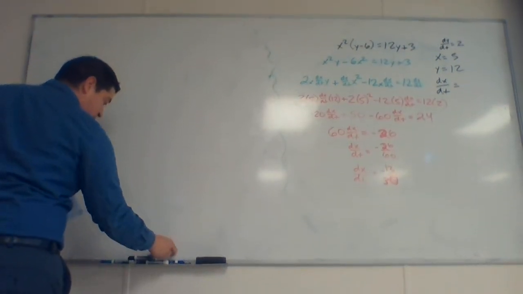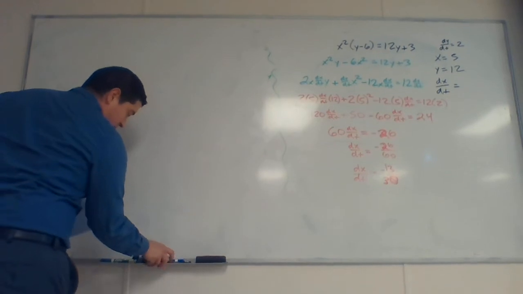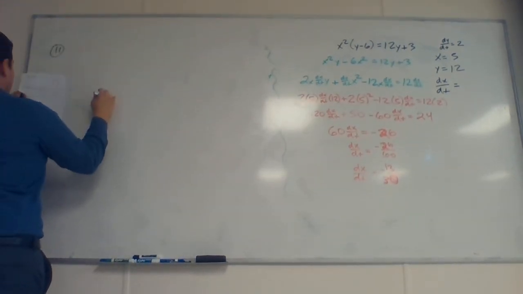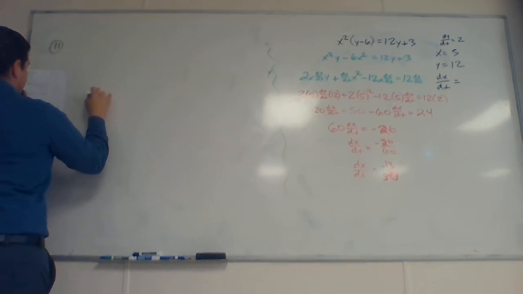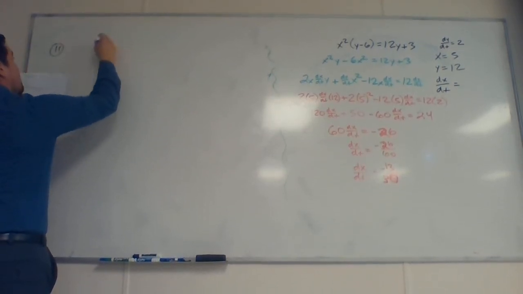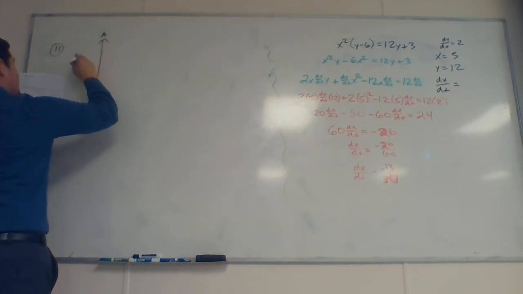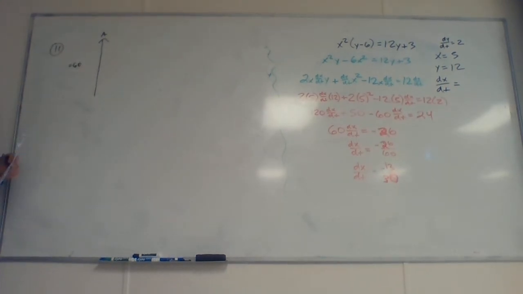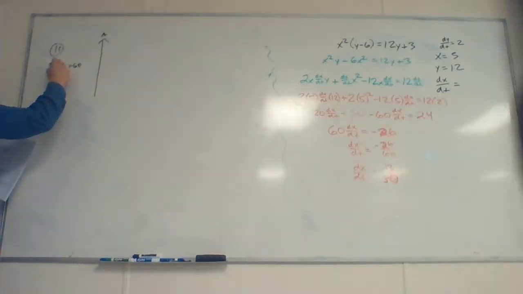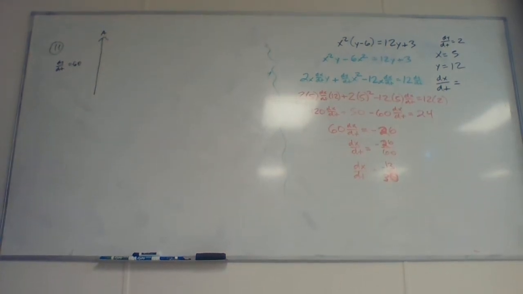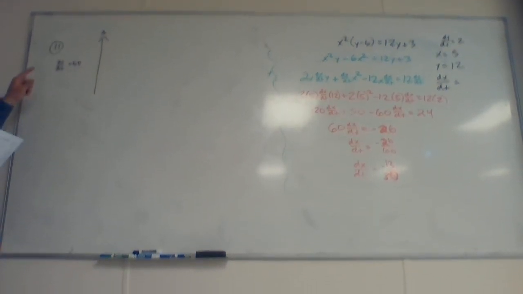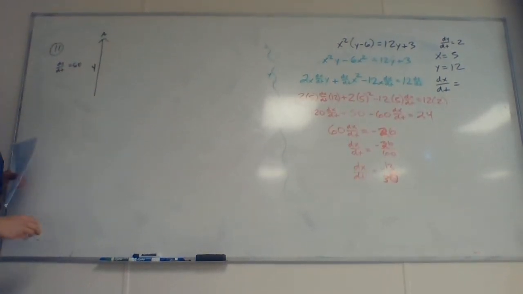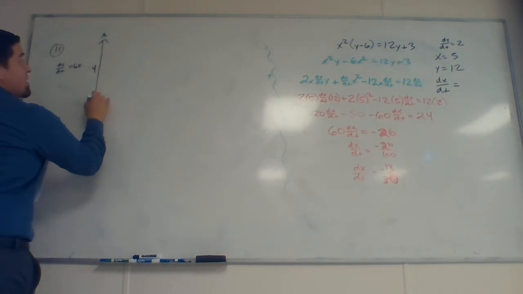First I would probably draw the situation for 11. Automobile A travels north at 60 miles per hour. Speed indicates a rate of change. I'll call this distance y, and I'll call this dy/dt.